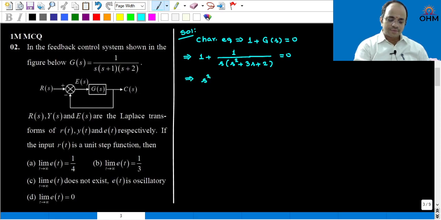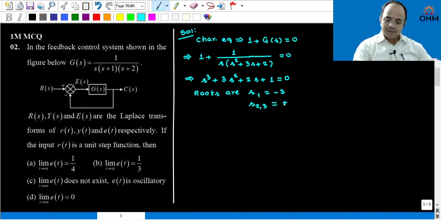Now s cube plus 3s square plus 2s plus 1 is equal to 0. For this particular characteristic equation, you can easily find that there will be 3 roots. One root is at -3 and the remaining 2 roots are at plus or minus j root 2.